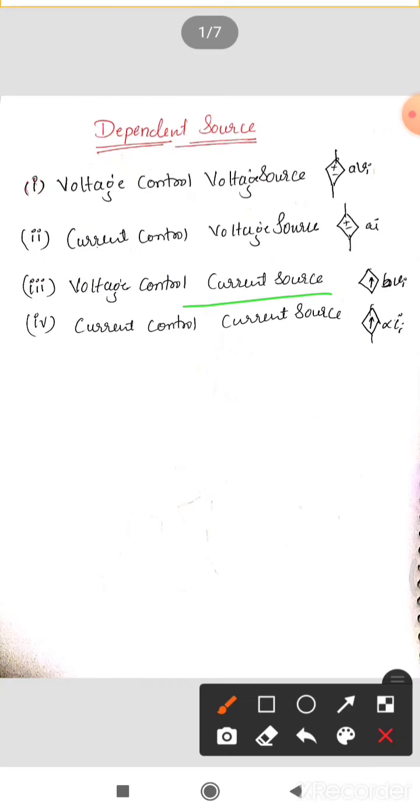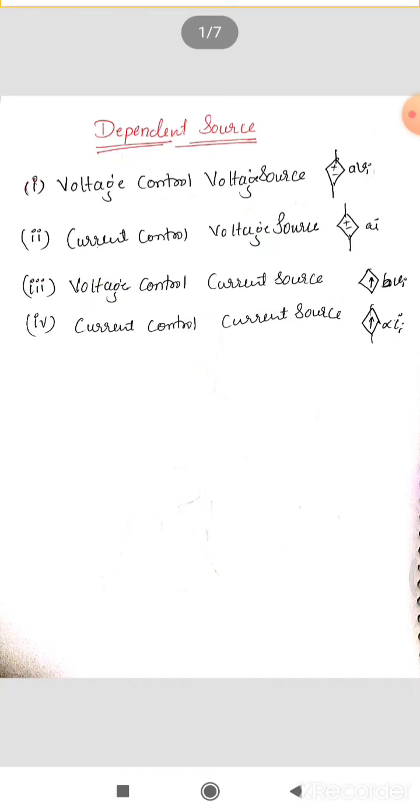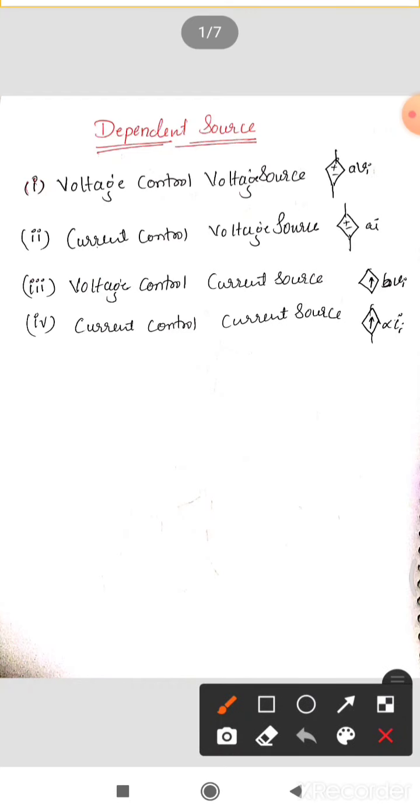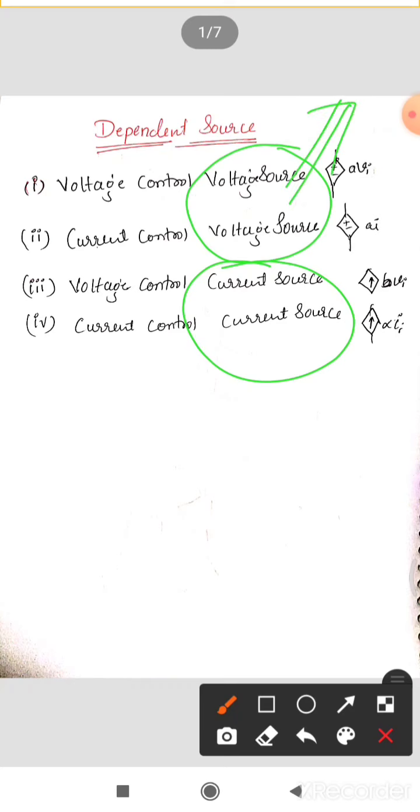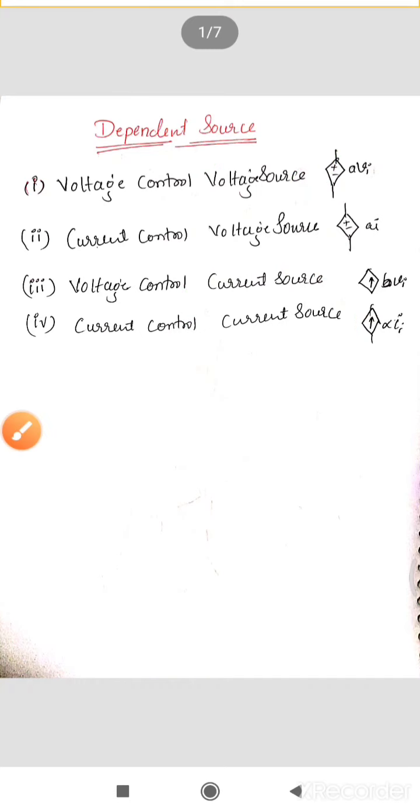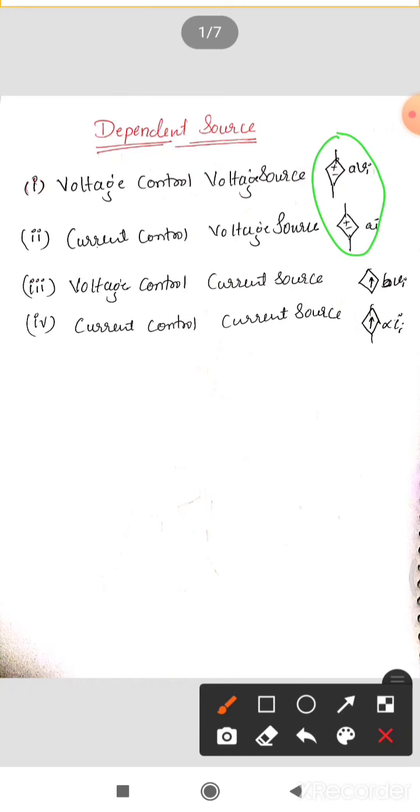Similarly, we have a current source. Suppose this current source is dependent on a voltage in this network, or it may be dependent on some current. Whatever it may be, you have to be careful that these are a voltage source and a current source. Based on the representation, we will get to know which it is. It is always in the form of a rhombus.